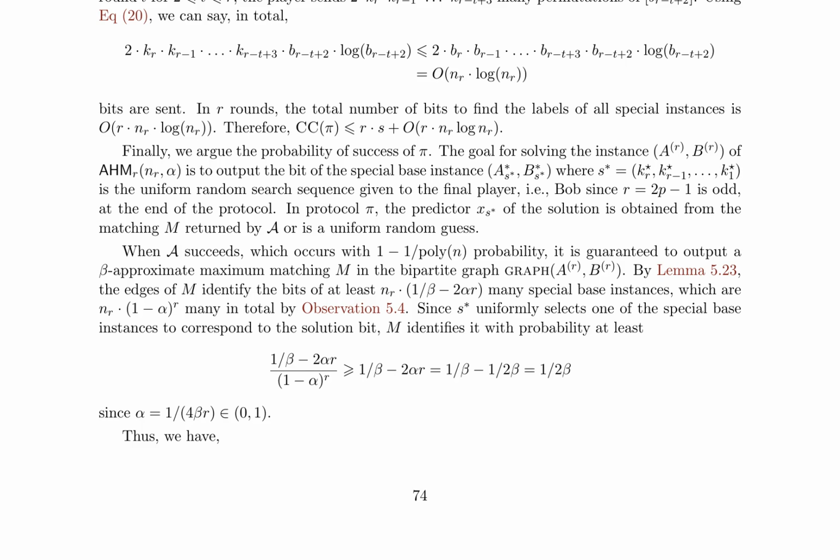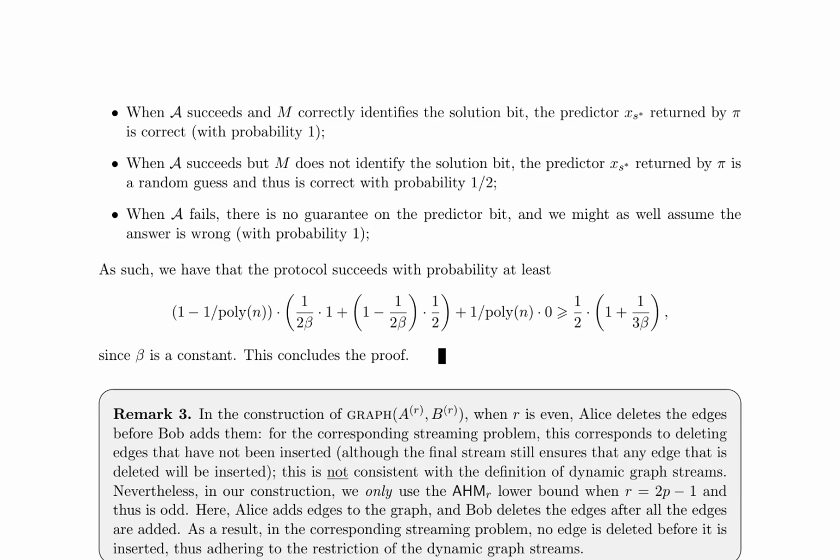The probability of success is analyzed by considering the case where A succeeds in outputting a beta approximate maximum matching M, which identifies the bits of at least n_r(1/beta minus 2 alpha r) many special base instances. The protocol's success probability is analyzed across 3 scenarios, yielding a probability of at least 1/2 plus 1/(3 beta), where beta is a constant.